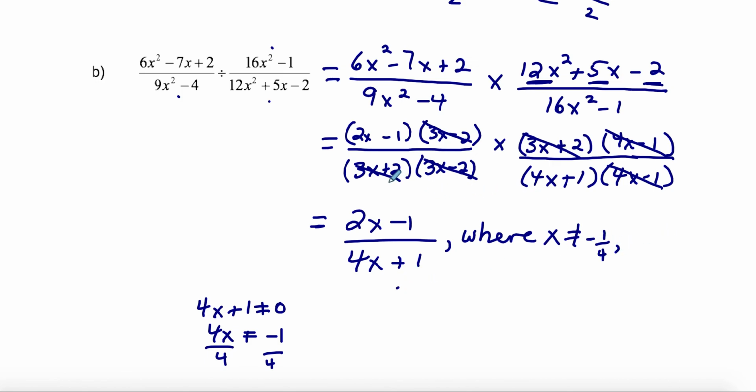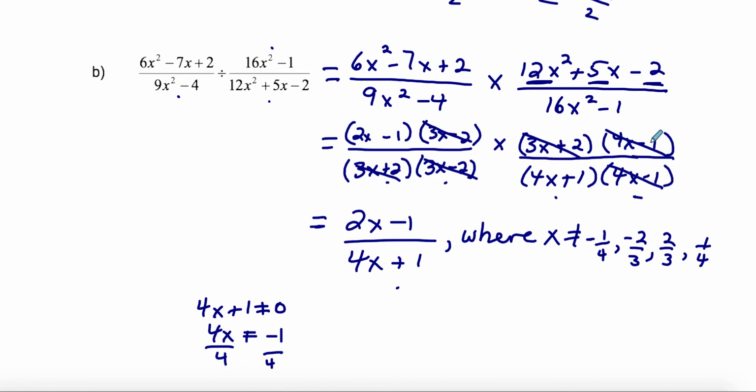I'm going to look at my denominators here. So x can't equal negative 2/3 or positive 2/3. I'm going to look at the denominator here. Anything cancel out? Yep, 1/4. x can't equal a quarter because that canceled out right there.